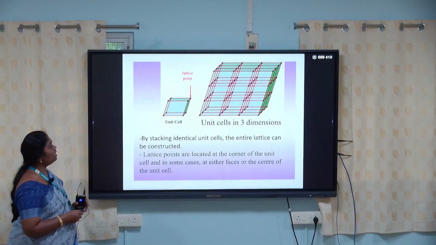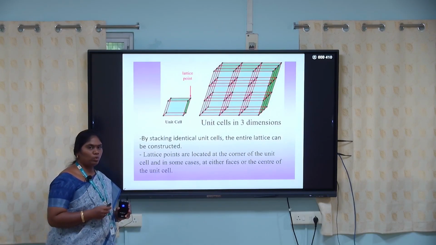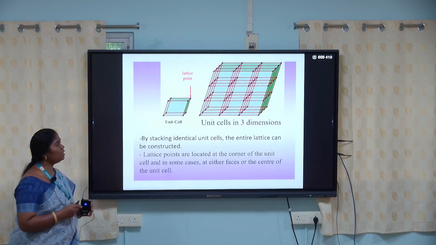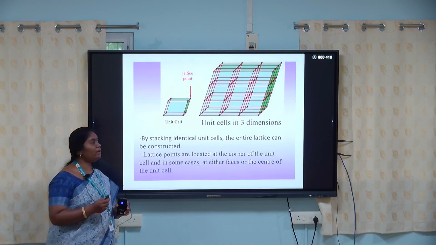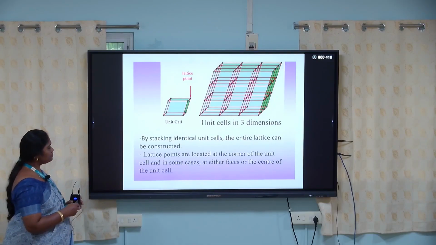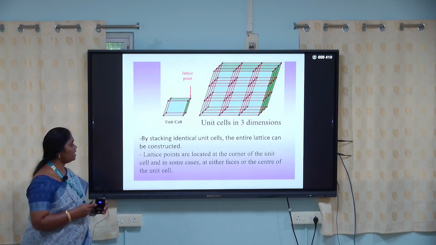So here you can see unit cell in 3 dimensions. So there are unit cells in 2 dimensions, but here we are seeing the unit cell in 3 dimensions. So which explains the crystal structure in a periodic manner. So by stacking identical unit cells, the entire lattice can be constructed.